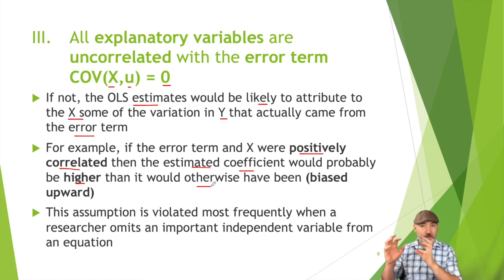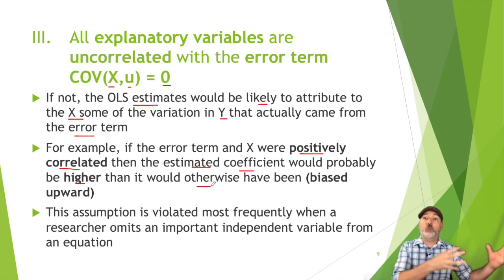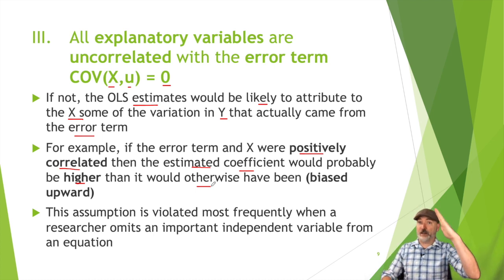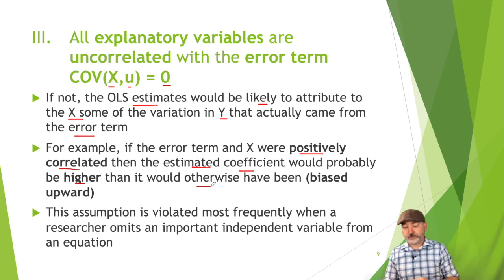The impact of that error term is being absorbed by the x variable, making it look more important than it should in determining that y variable. So we're going to get a systematic mistake, essentially pivoting that regression line upward with respect to x.